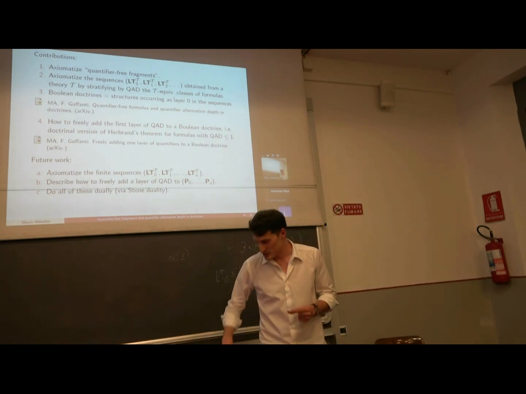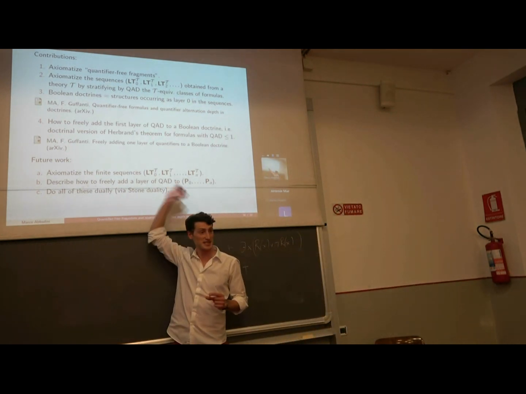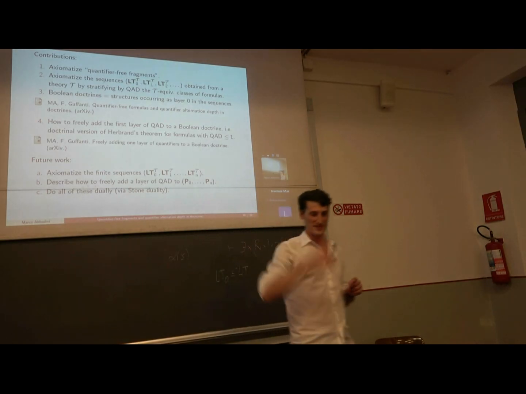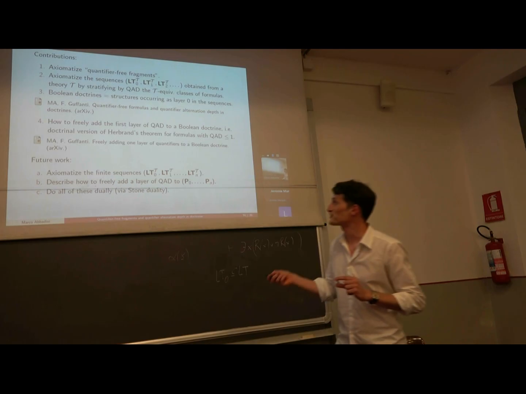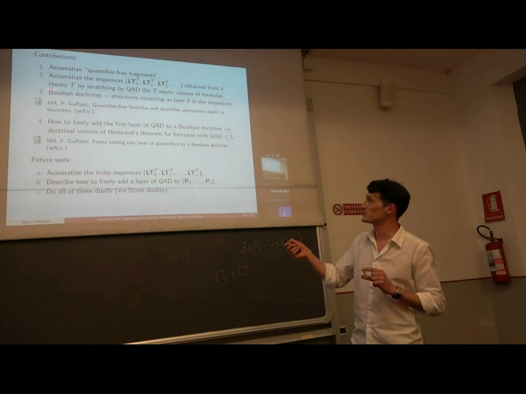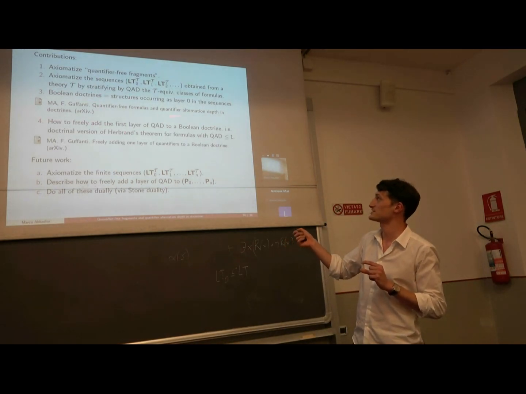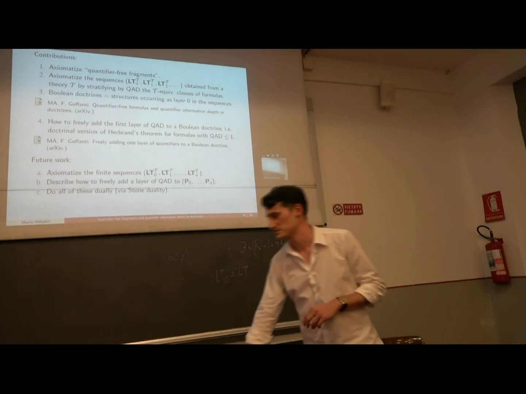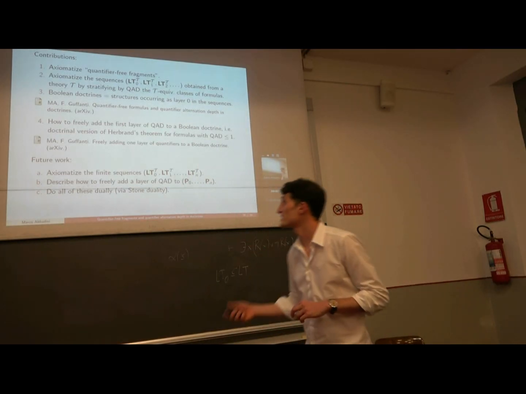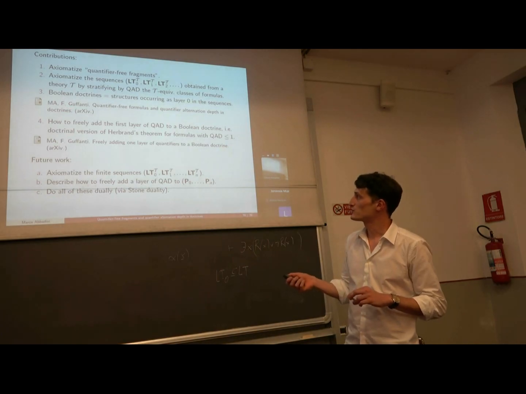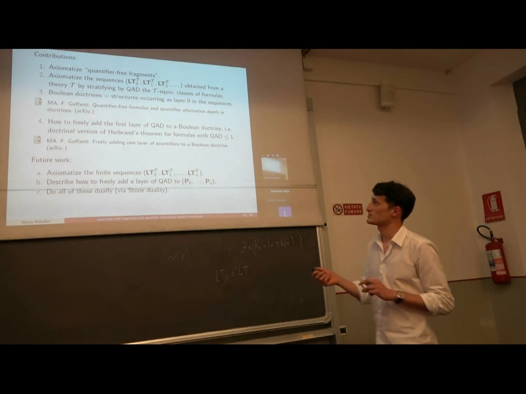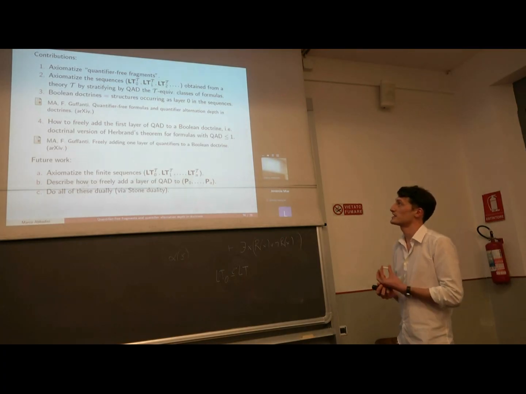What is left to do is axiomatize the finite sequences. But we did just the first case, which is n equals 0, which means that Boolean doctrines are precisely the structures occurring as layer 0. And these are contained in this preprint. And then we showed how to freely add the first layer of quantifier depth over a doctrine.